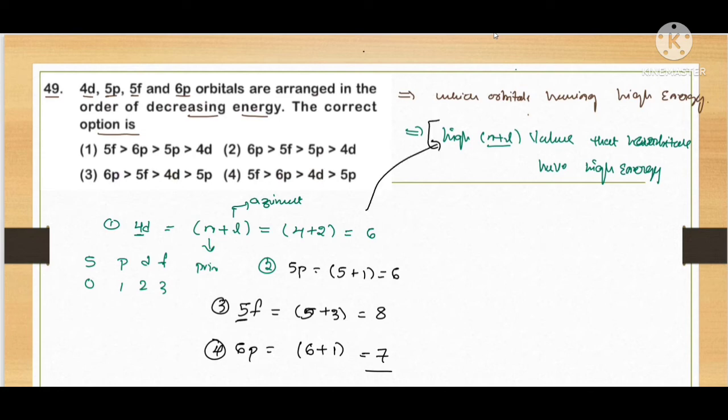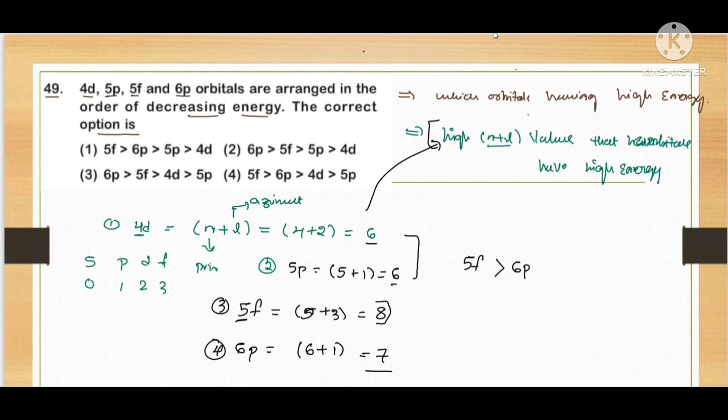The orbital having the highest n plus L value has the highest energy. 5F has the highest n plus L value. So 5F is greater than, next 6P, its value is 7. Here 4D and 5P have the same n plus L values.